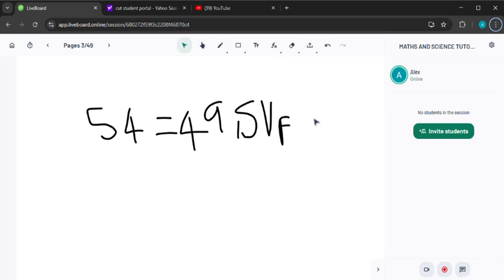Then we can divide by 49.5 on both sides in order to find the magnitude of the final velocity. So it's 54 divided by 49.5.